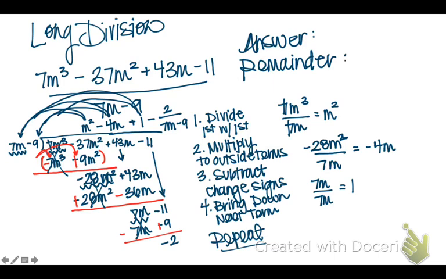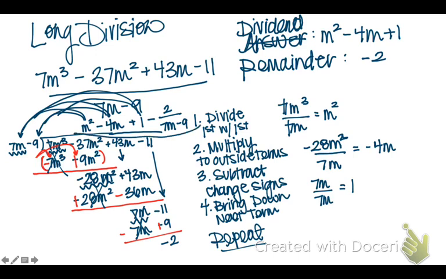So the answer here, I think it's dividend, hopefully that's the correct word, but this would be m squared minus 4m plus 1. And then the remainder here would just be negative 2. Okay, there will be some where you have to input it just like this also. And you'll be able to tell the difference.